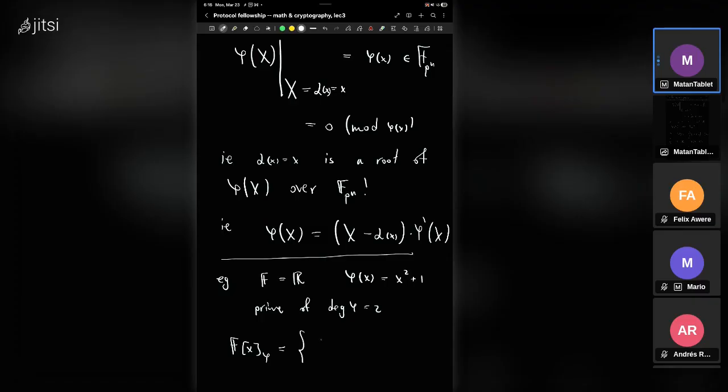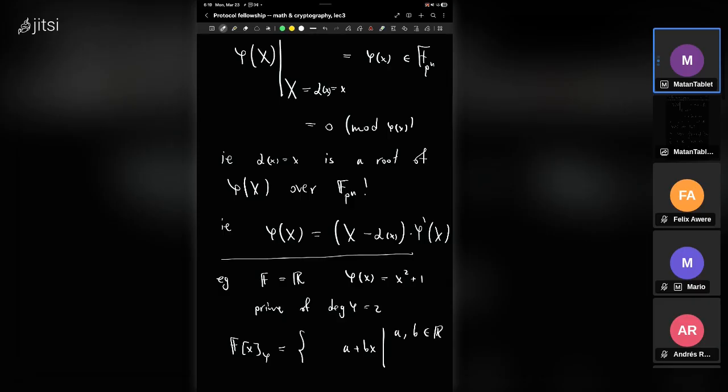So this is the set of all a plus bx such that a and b are real numbers.